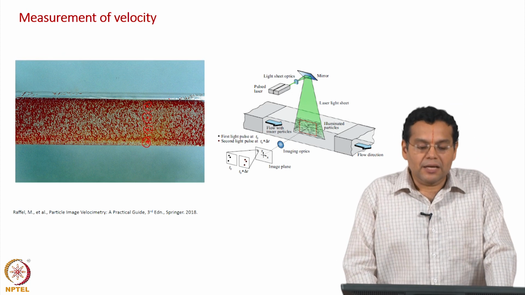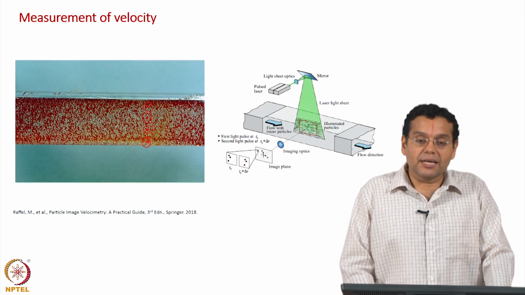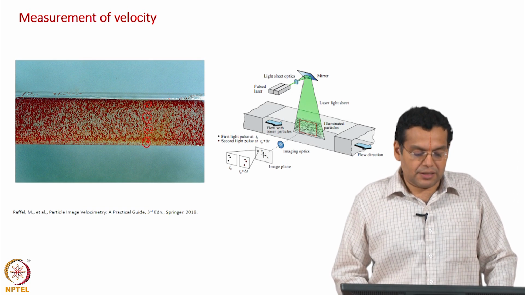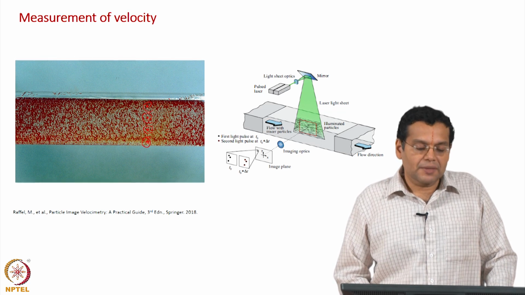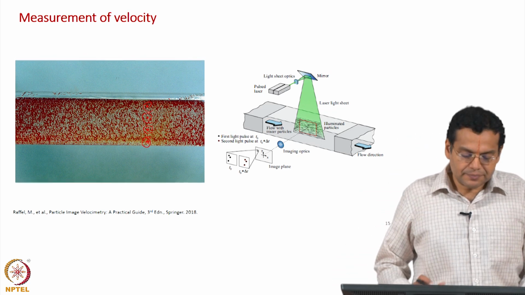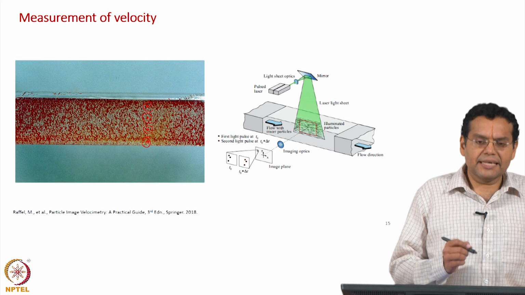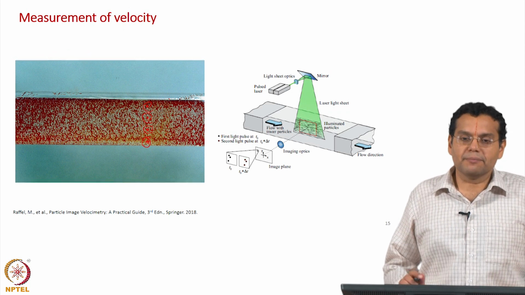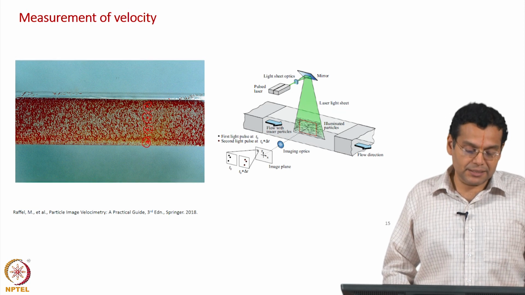Alternatively, how do you measure the velocity using the Lagrangian approach? A little more explanation is required for that. What we do is we seed the flow with what are called neutrally buoyant solid particles. Okay. First let me say what is seeding.